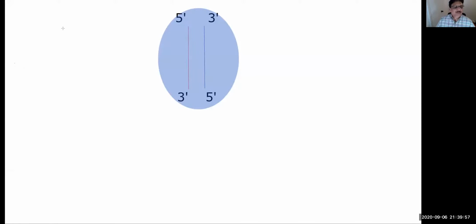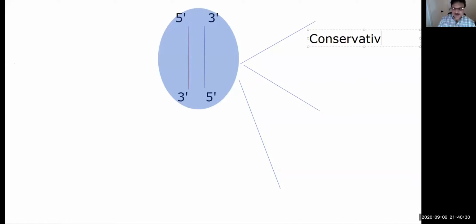So there are 3 possibilities. One, that DNA replicates in a conservative fashion.